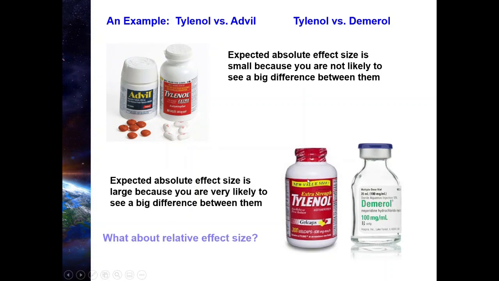So what about the relative effect size? Now, I can't tell you if the relative effect size is going to be larger here or here because it depends on how variable your scores are, right? In this experiment, we're going to get a certain standard deviation of scores, right? We're going to measure that.